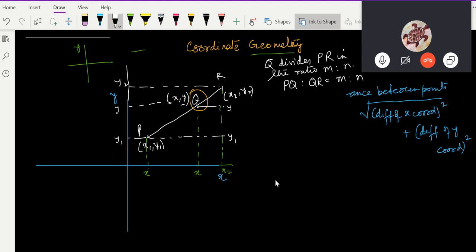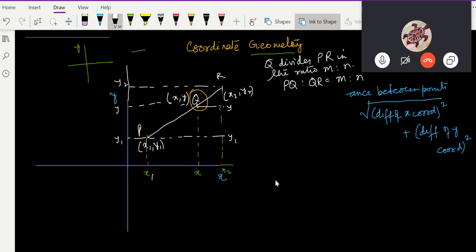We can take out the distance between x1 and x2, and the difference between y1 and y2, and then we can calculate the hypotenuse because it becomes a 90-degree triangle.